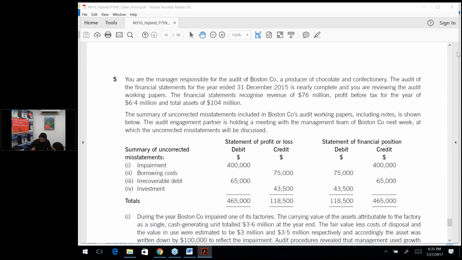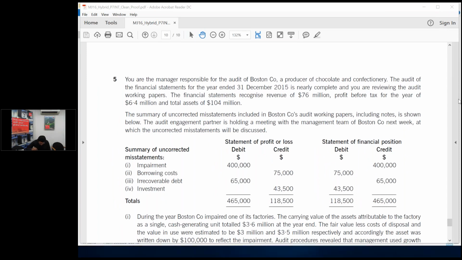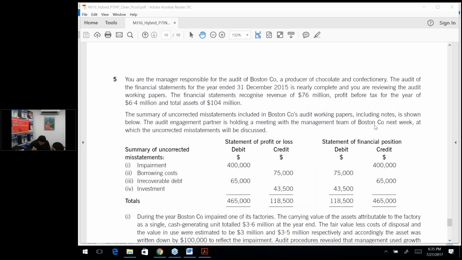Let's have a quick discussion on this. No, Rana Imran, we consider the material amounts also.